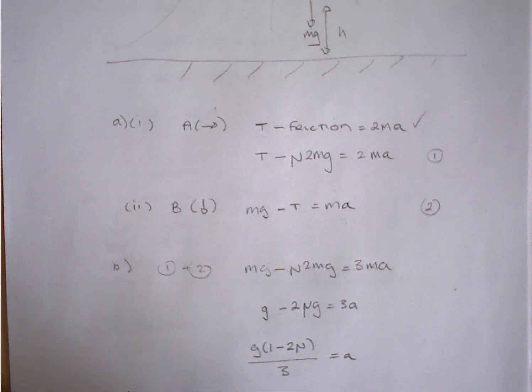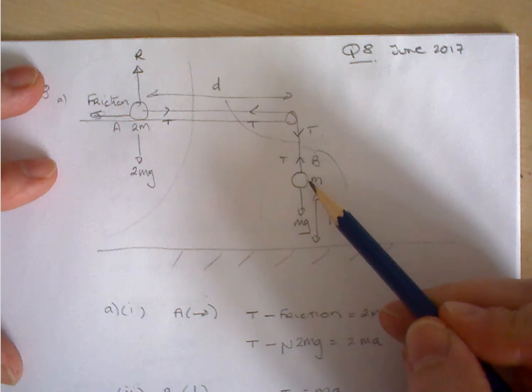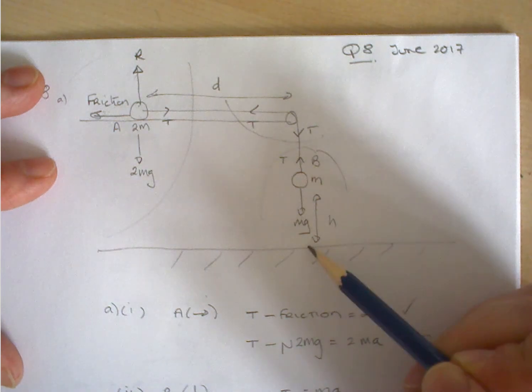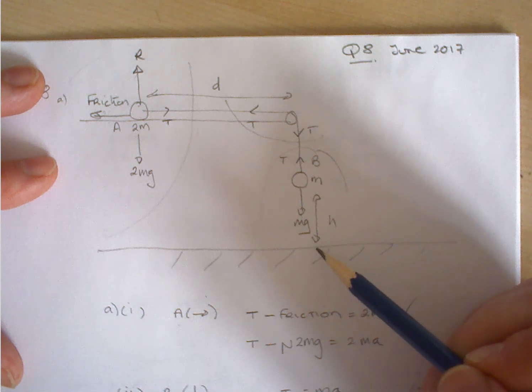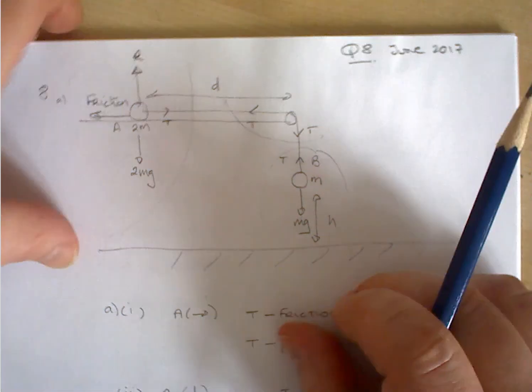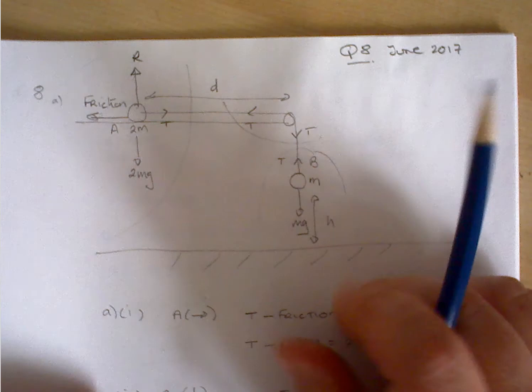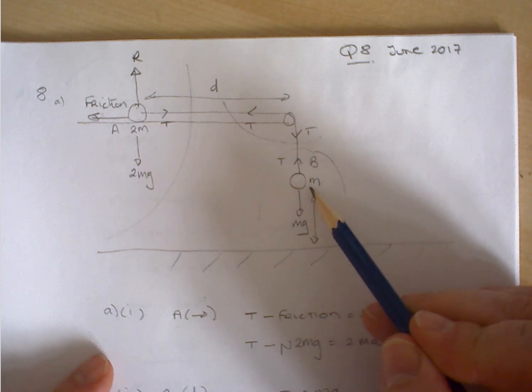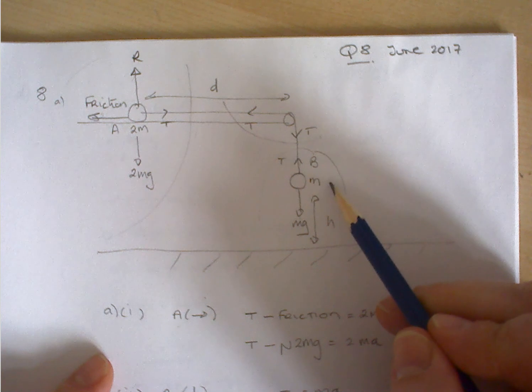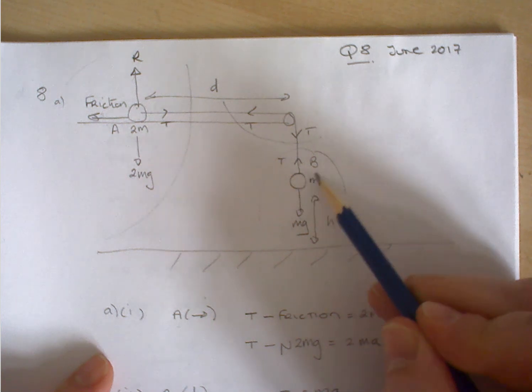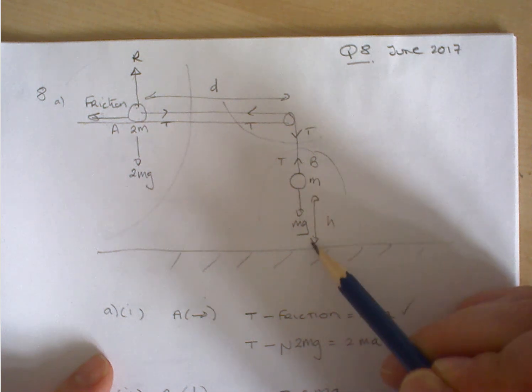In part 3, they want us to work out what the velocity of B is when it hits the ground. And they want us to get it in terms of g, h, and mu. First of all, can I just say that things were released from rest, so that when I do my SUVAT, I know that the initial velocity is 0, and it's the final velocity I'm trying to figure out.